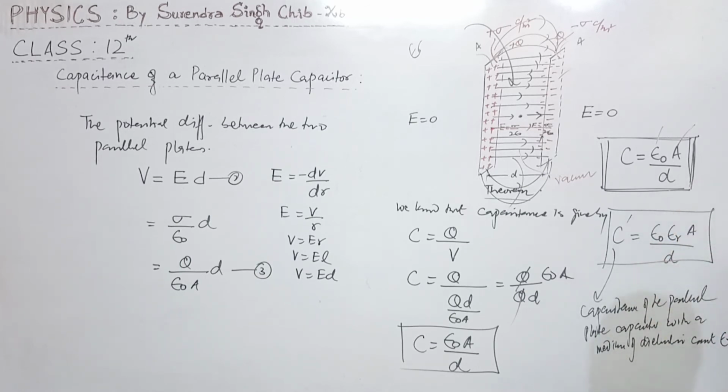C dash is epsilon r times C, where C is the capacitance in vacuum and C dash is the capacitance in the medium.